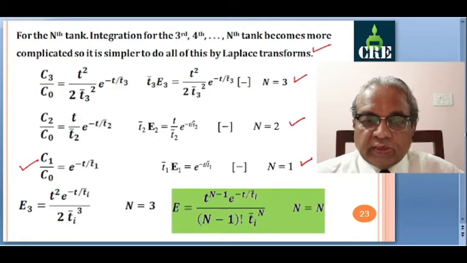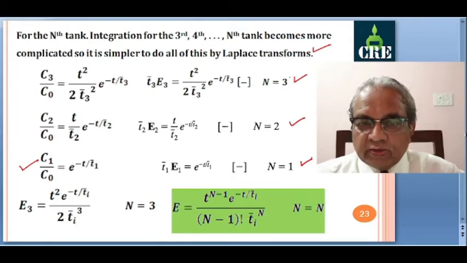Now check the terms one by one. About T first. Here T is not there, means T raised to 0. N is equal to 1. So 1 minus 1 is 0. Here we have T. N is equal to 2. 2 minus 1 is 1. So T we have. N is equal to 3.